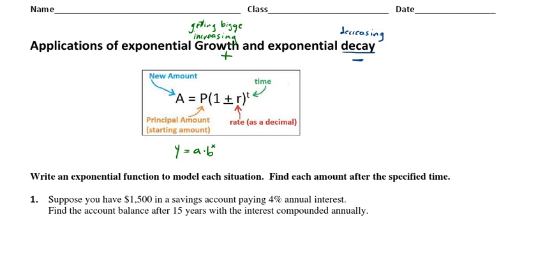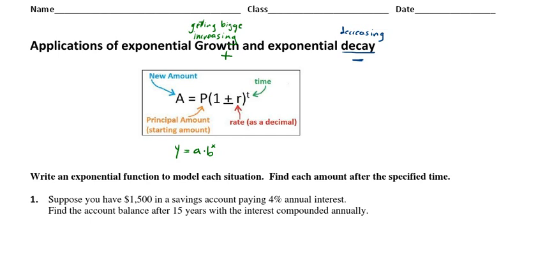It's everything that is inside the parentheses, the 1 plus or minus the value of r, and the exponent here is the x. In this case, it's the t. This is for graphing on the coordinate plane, and this is for solving equations and word problems, but it is exactly the same. Each part just has a different name, but it's the same format.